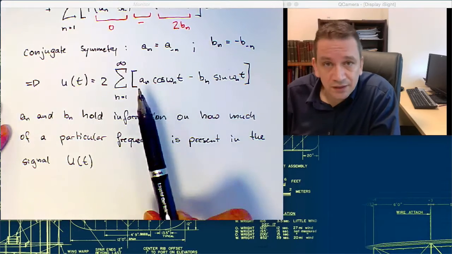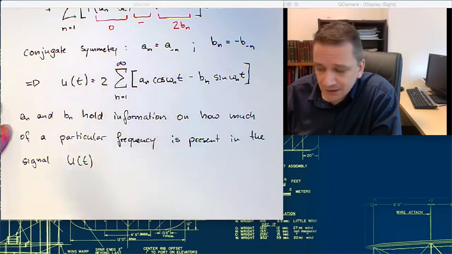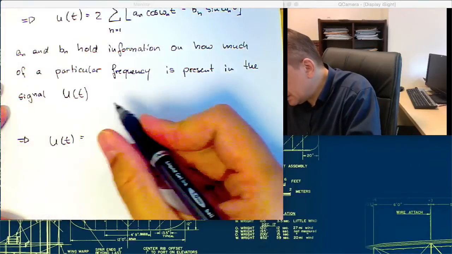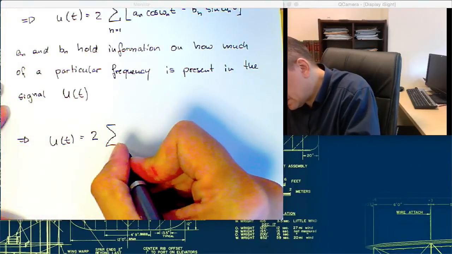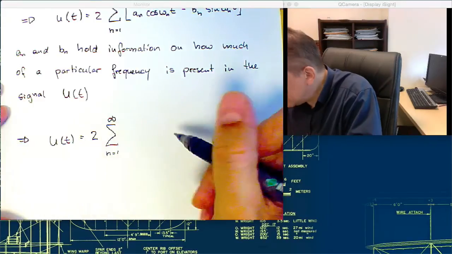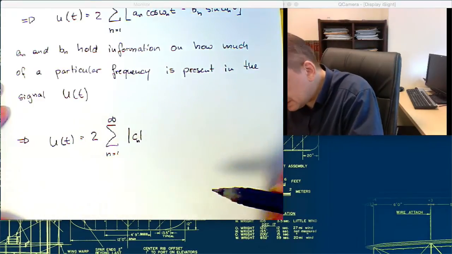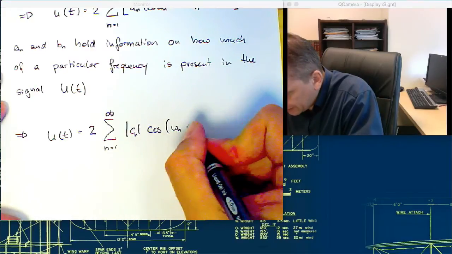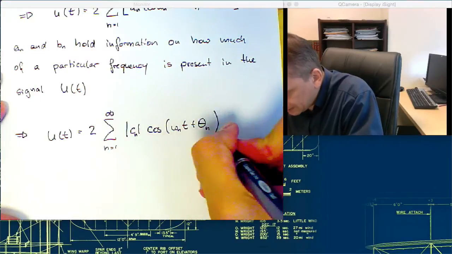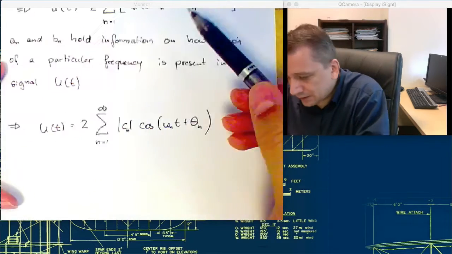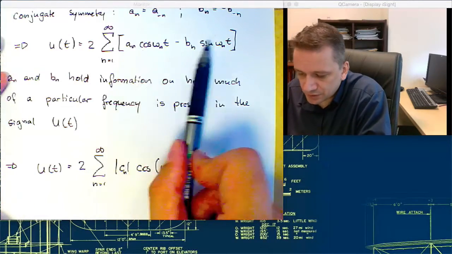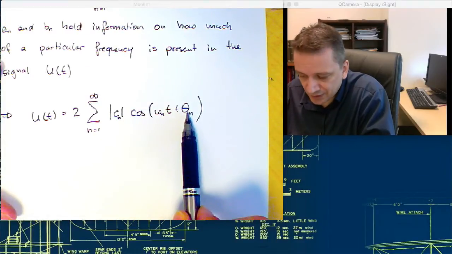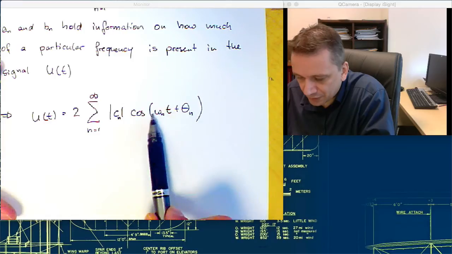Alright, so we can write it here in terms of an and bn. We can also write it in a little bit different form. u of t is 2 times the sum of n equal 1 to infinity, the absolute value of Cn, cosine omega nt plus theta n. Both are essentially identical. Once you write in an and bn and cosine and sine, if you shift cosine, for example, if your theta n is pi half, then cosine becomes sine again.